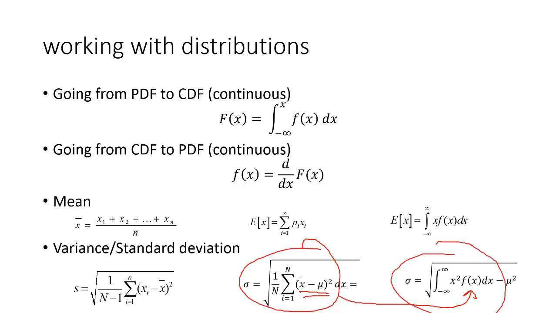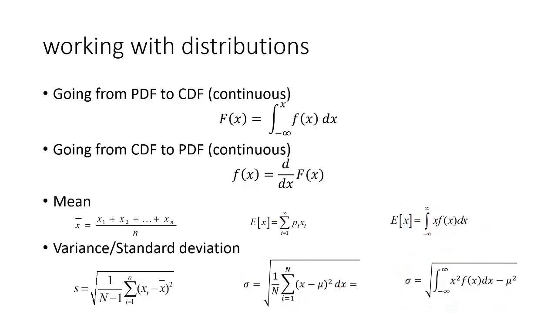Separately, just like in the case of the mean, discrete uses a summation and the continuous uses an integration. We have the same distinction even here, but for your benefit, on this one I've shown you the simplified formula. So even here, originally you would have started off with integral minus infinity to infinity of x minus mu the whole square times f of x and so on, but that's not what we're doing here.